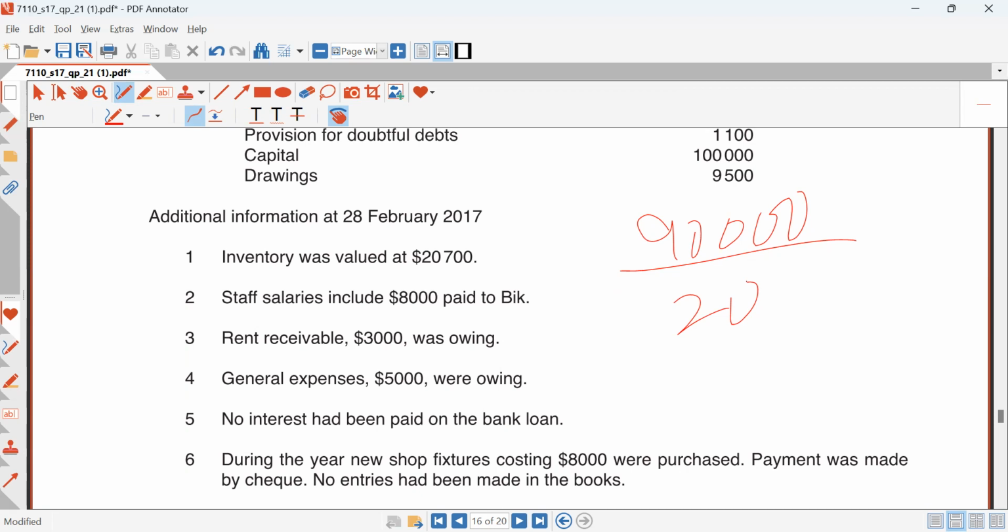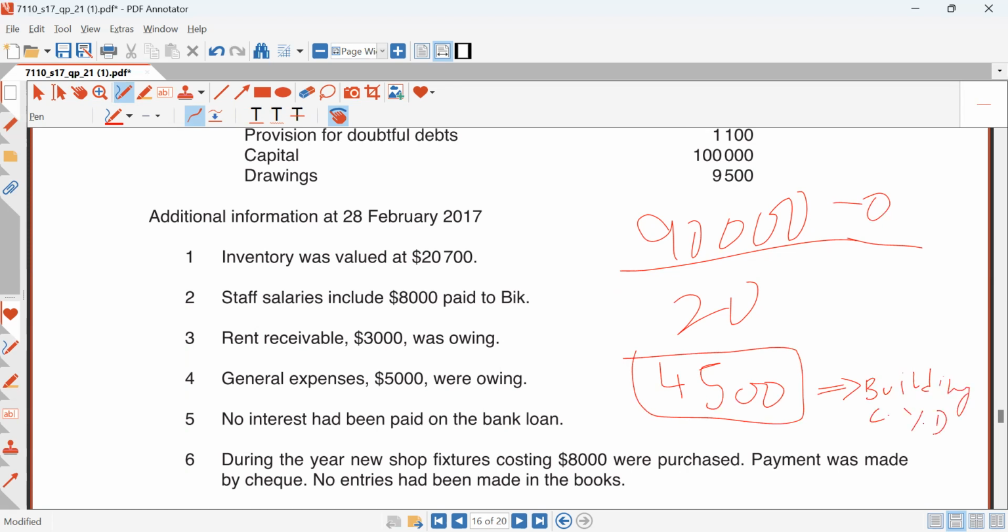If there is no scrap value, we will assume that the scrap value is 0. 90,000 minus 0 divided by 20. So the answer is coming out as 4,500. This is the current year's depreciation for building.